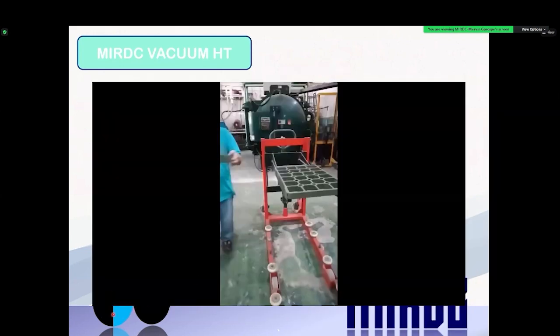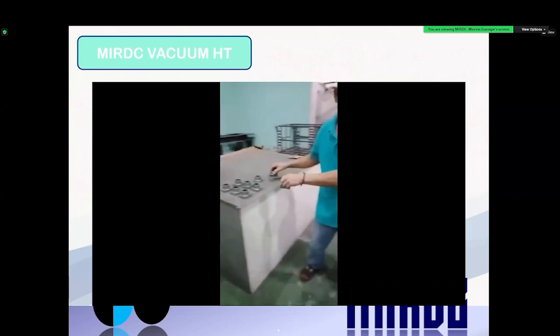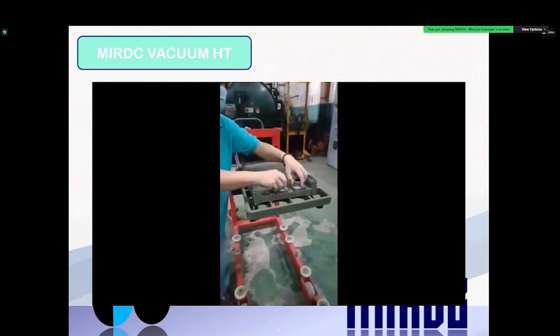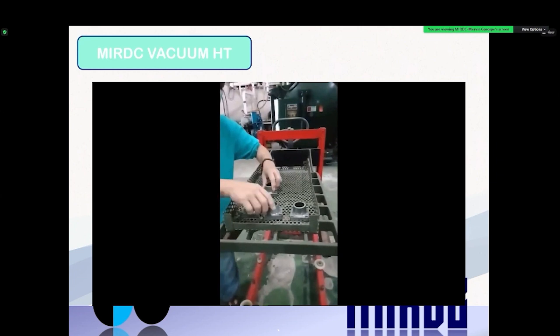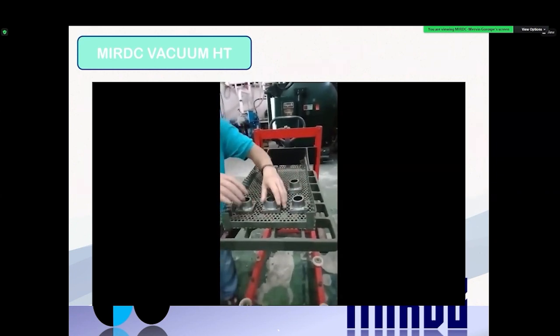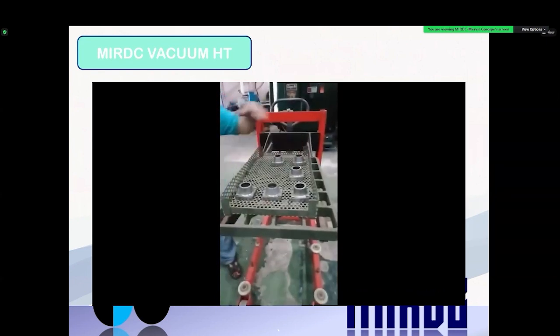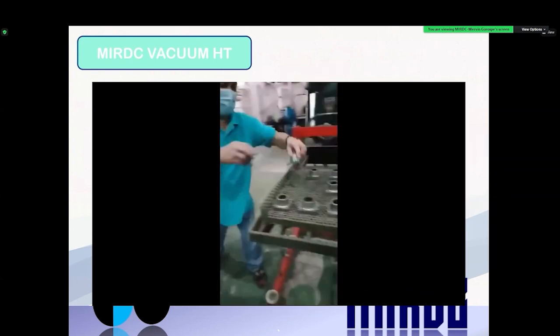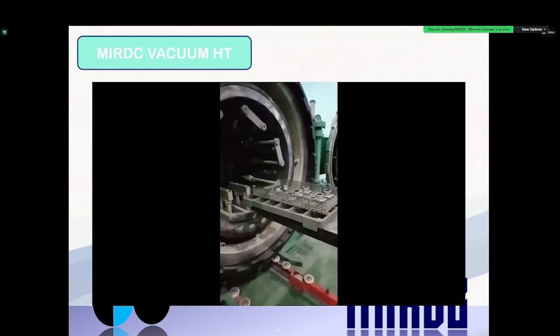I don't know if we can play this. Let us see. That is the vacuum furnace of MIRDC. The thing here is you are going to put metals, and it is all small screws, and they can overlap each other.